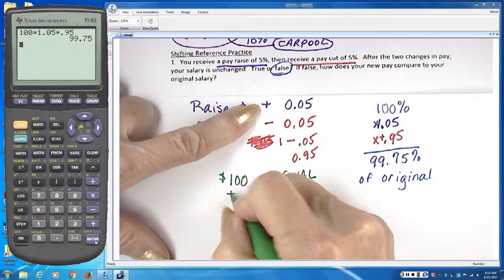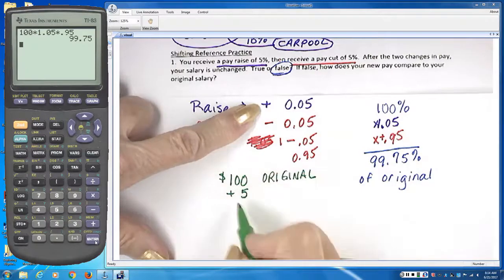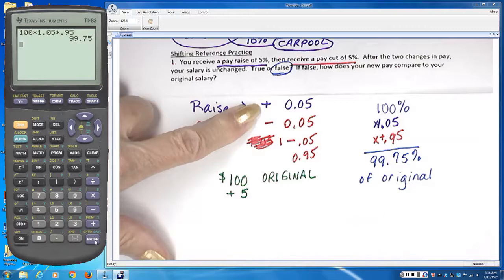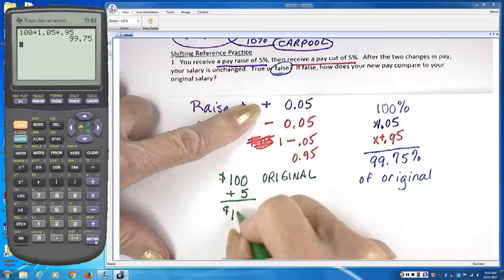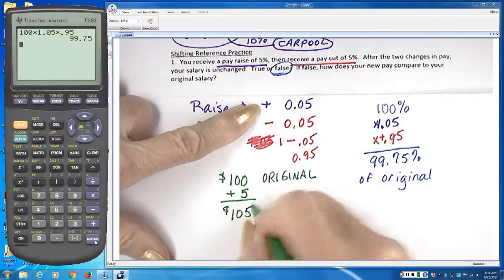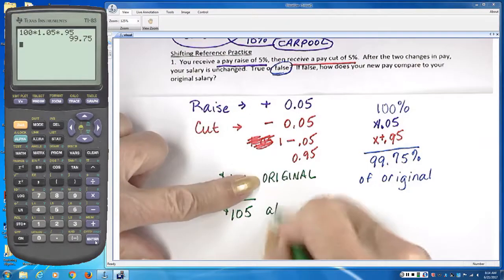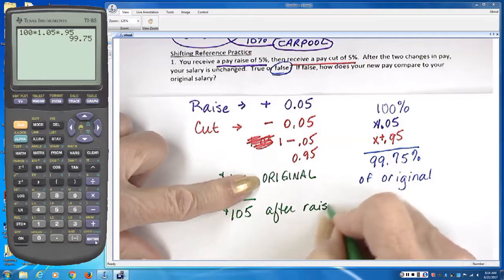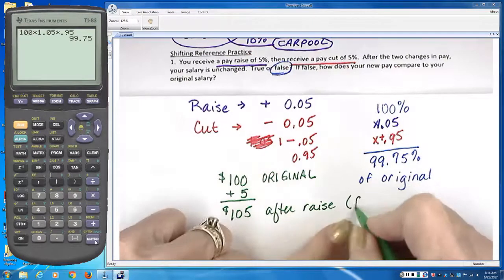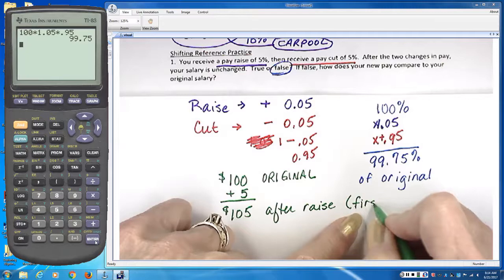And it's a raise, so I'm going to add $5, right? So my new salary is $105. And this is the first time period. Remember, this is what happens first.